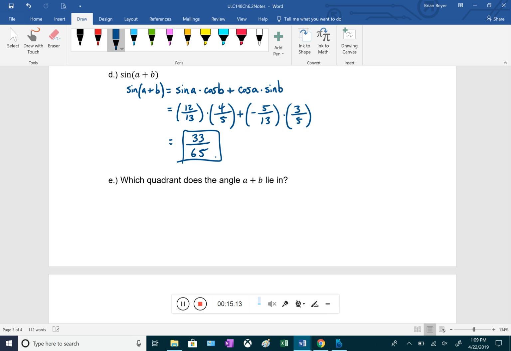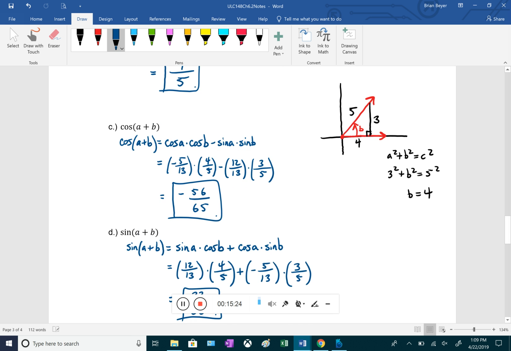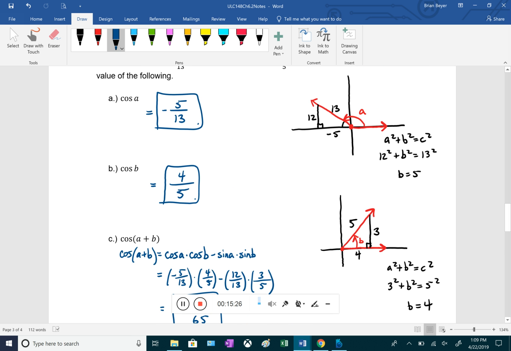Okay, so the last question here, which quadrant does A plus B lie in? So this one is easier than it looks. Let's go back up to the angles to get an estimate here. So let's say we added up angle A and then we added another rotation of B to it. Angle A is in quadrant 2 over here.